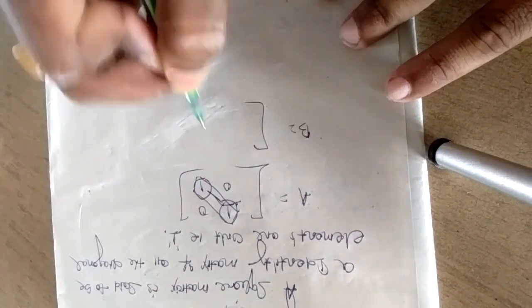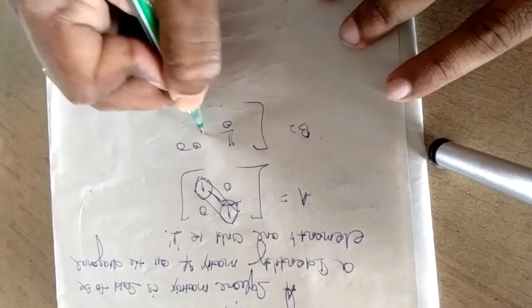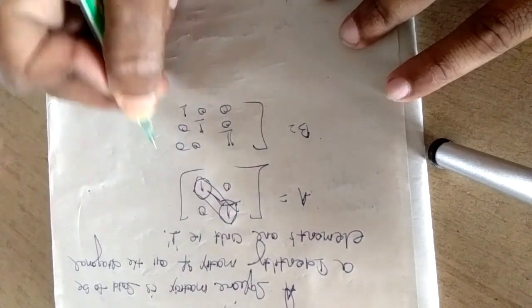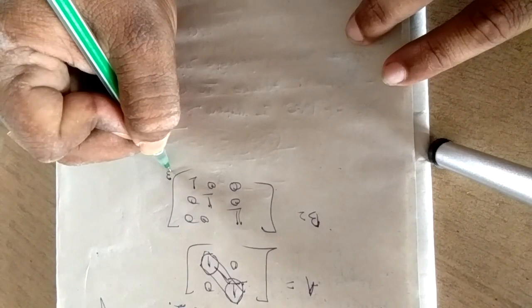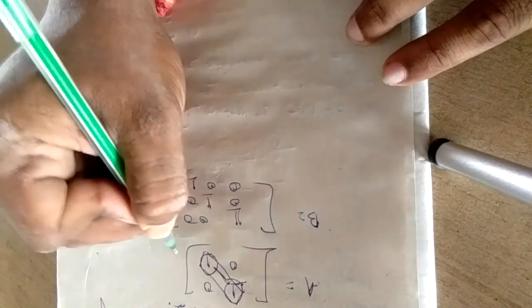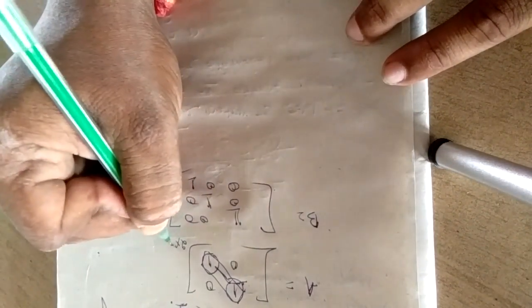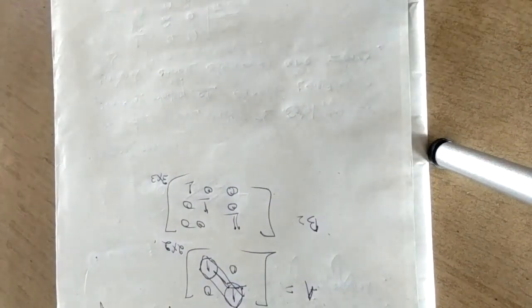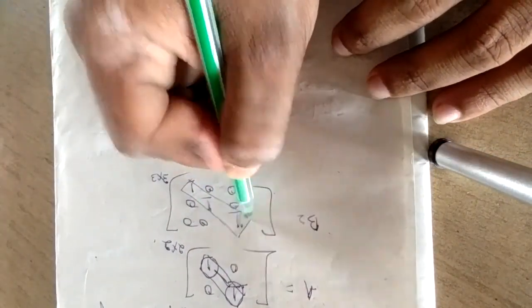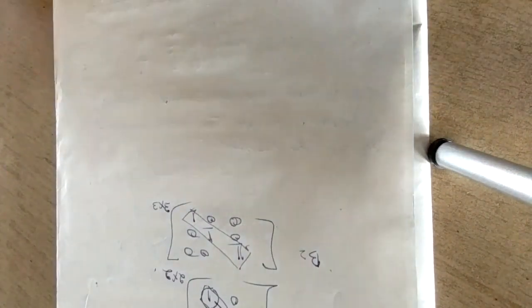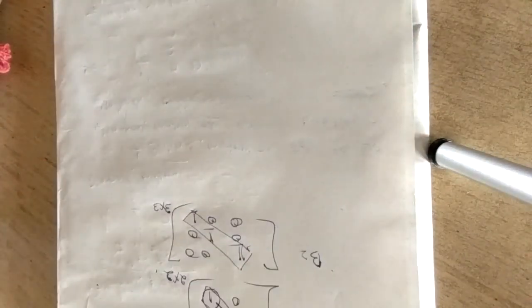Also B matrix 1 0 0 0 1 0 0 0 1. This is the identity matrix of order 3 by 3, and this is of order 2 by 2. So here the principal diagonal elements are always 1, then the matrix is known as an identity matrix.